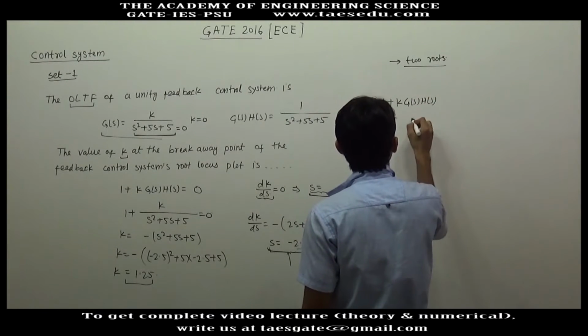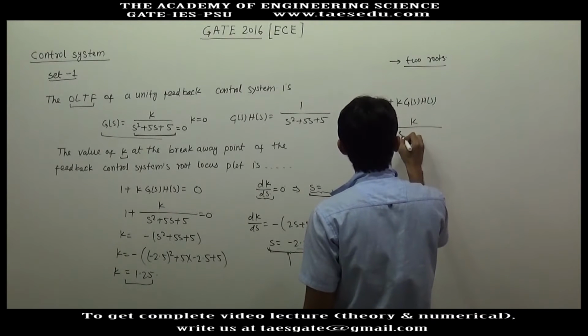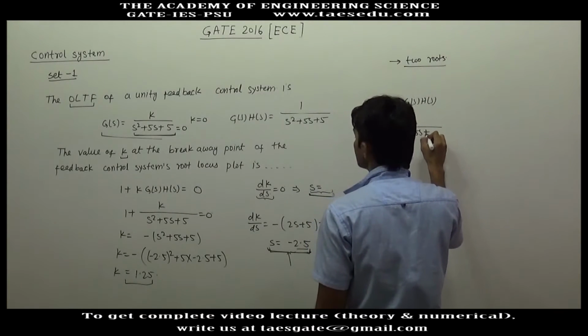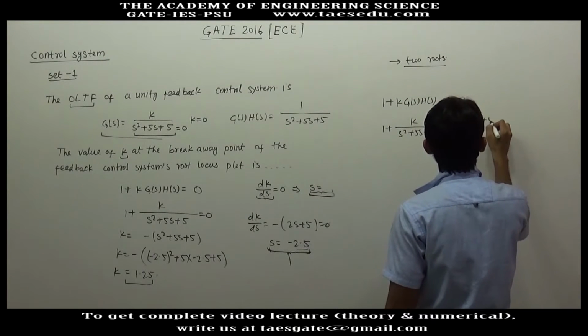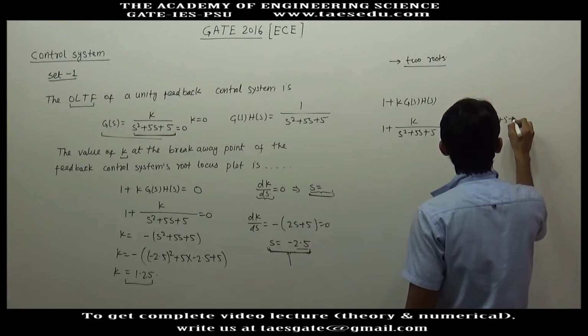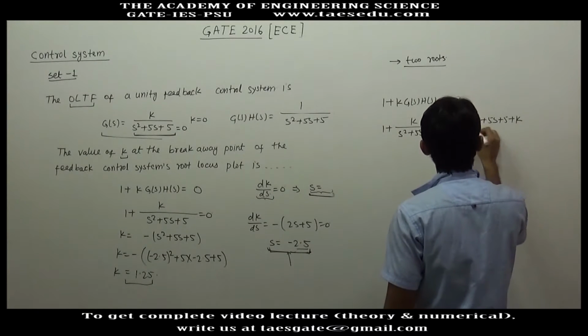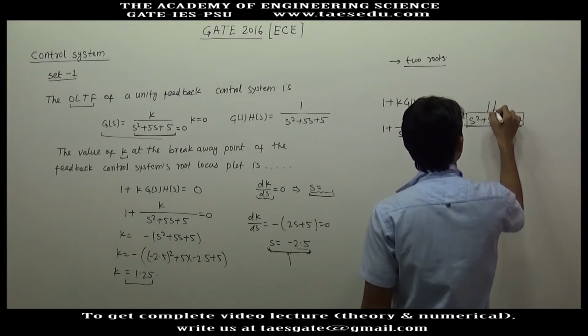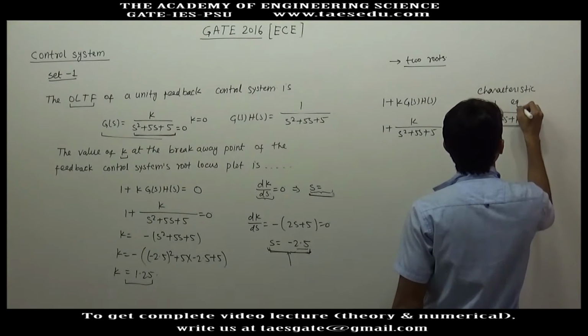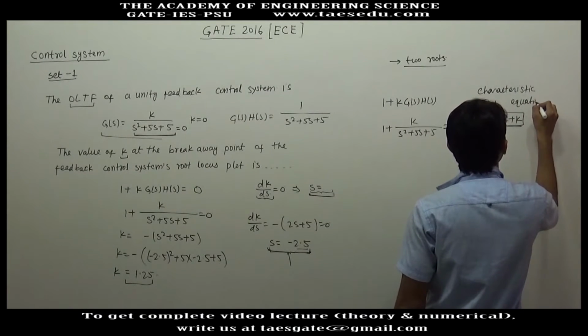So 1 plus K divided by s square plus 5s plus 5, that is s square plus 5s plus 5 plus K. So this will be your characteristic equation.